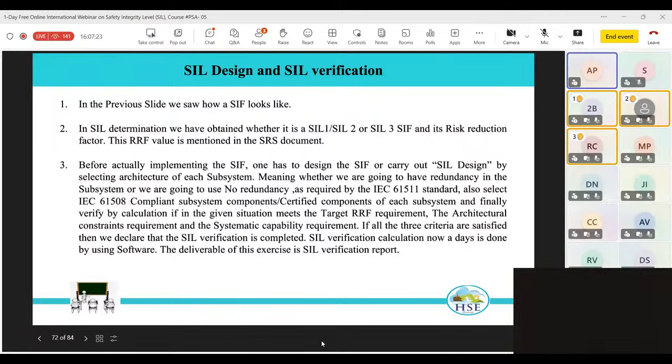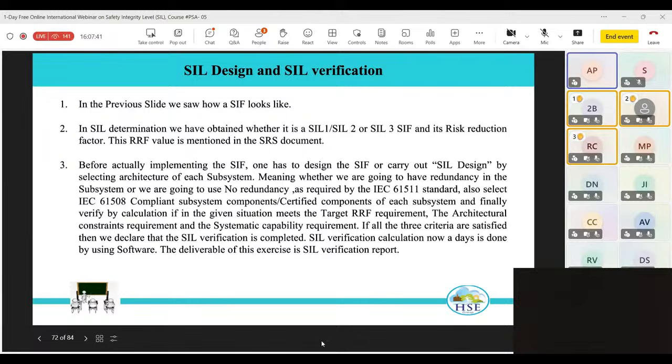This systematic capability requirement you can get from the SIL certification which the manufacturer provides. Okay. So if all three criteria are satisfied, then we declare that SIL verification is completed.